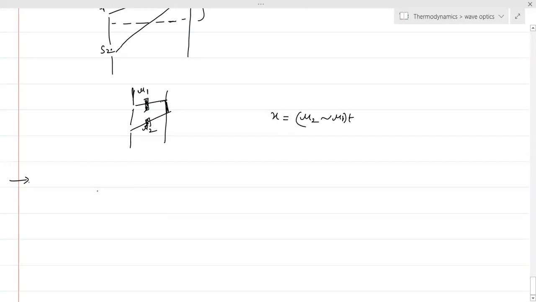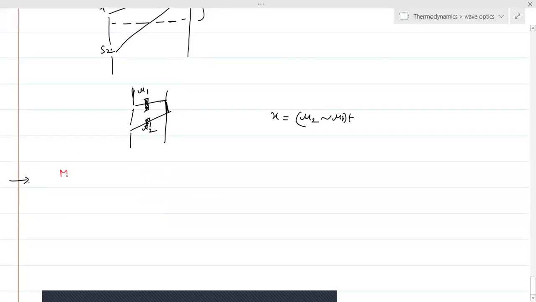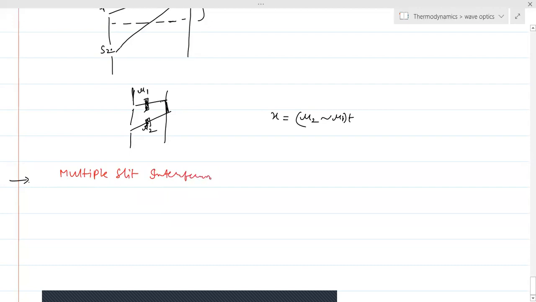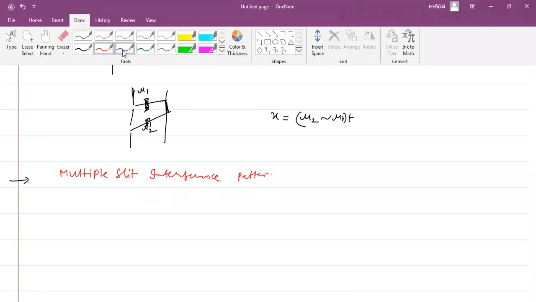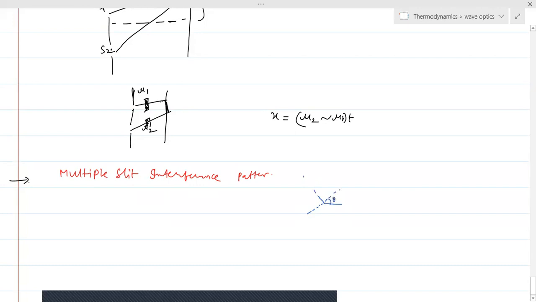And after this, this is important for your exams: multiple slit interference pattern. So we have a number of slits, and each slit is making a phase difference phi with respect to the other.